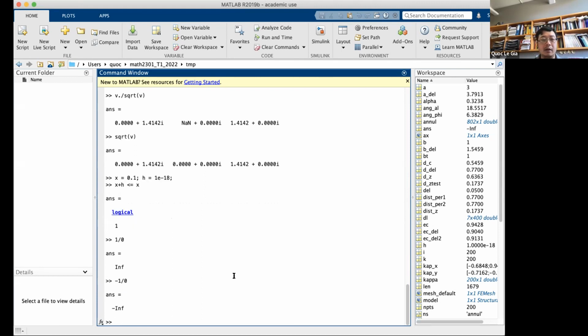Minus infinity is correct, yes. How about logarithm 0? Well, logarithm 0 is still... because when you plot the logarithm, I can plot it in Matlab as well.